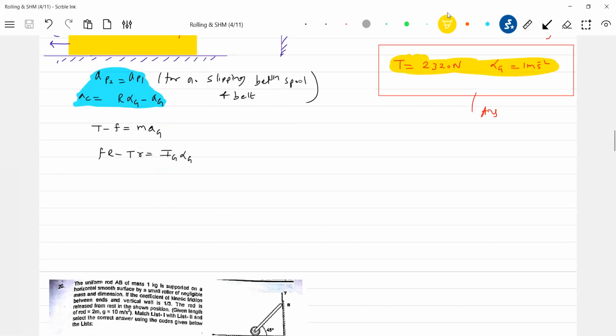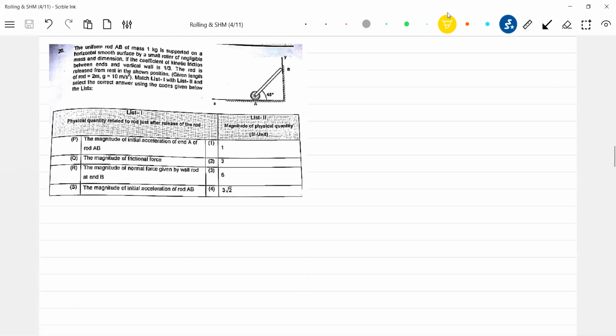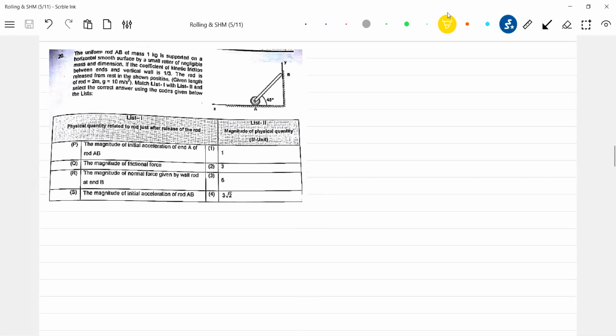Read the question carefully. This is a really good problem, especially for students. I verified everything, all options, everything will match. There's no problem with the question also.